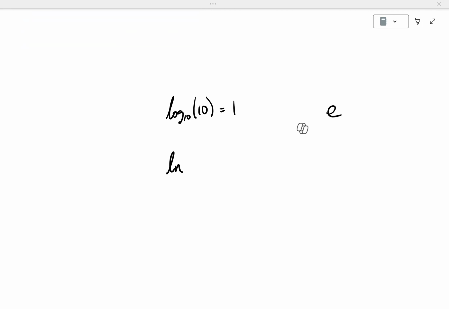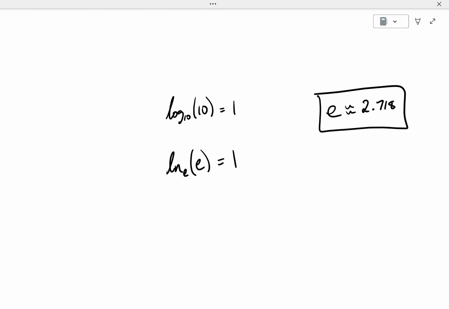But we can find the log of E very, very easily by using the natural log, which is like a logarithm with base E. And so ln E, well, it's also equal to 1 because E to the 1 is equal to E. So E is approximately equal to 2.718.